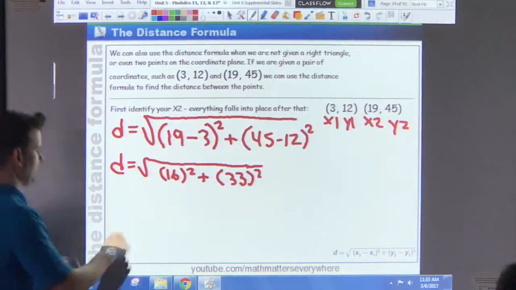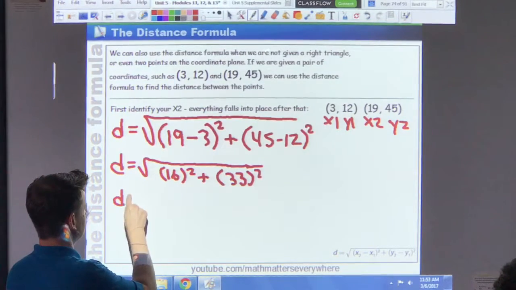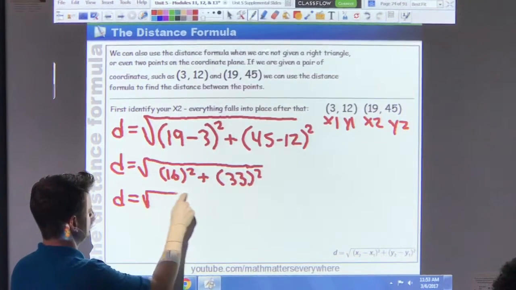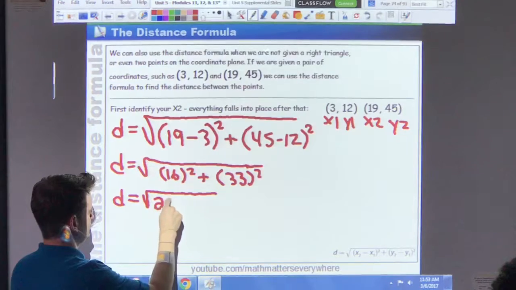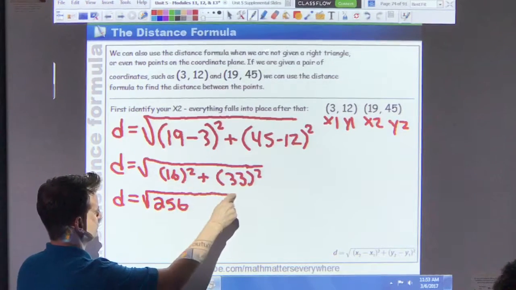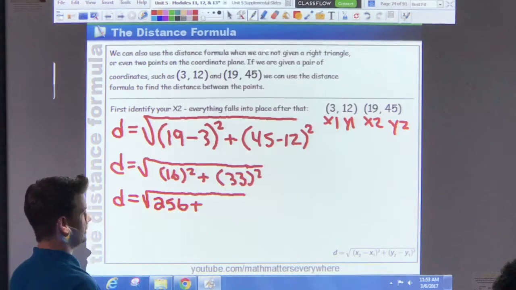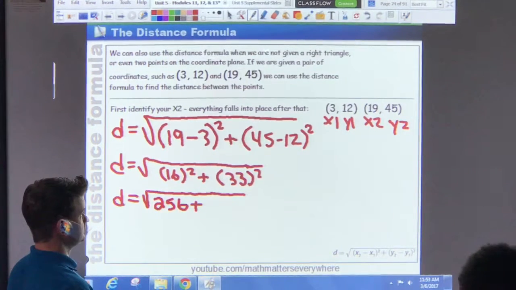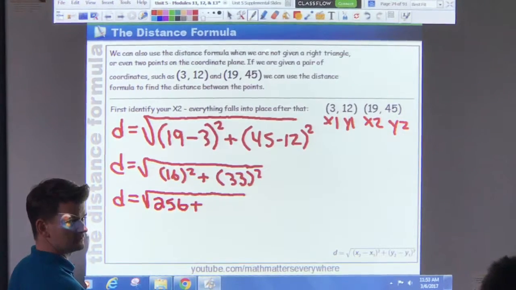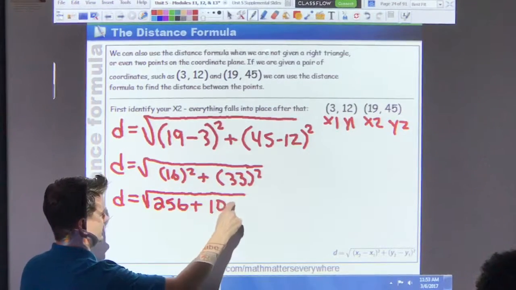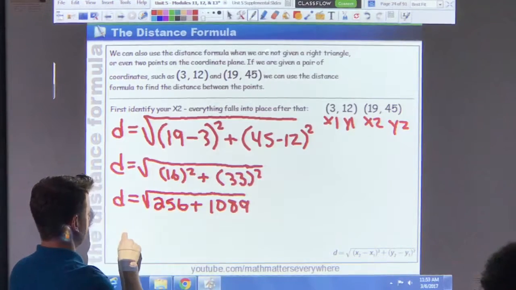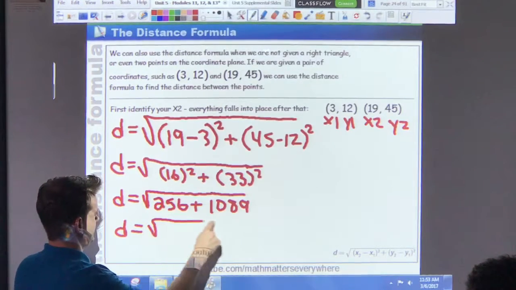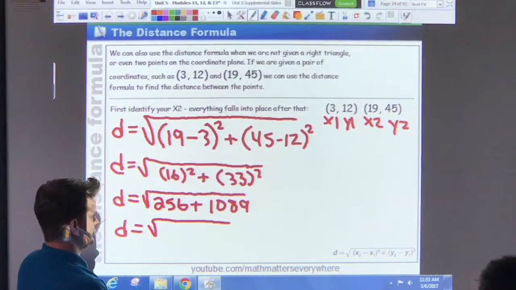And then you do a little math, and you're going to get D is equal to 256. And let me do the next one. Let me see if I can do this in my head. So 33 squared, that's going to be 1,089? Yes. 1,089.